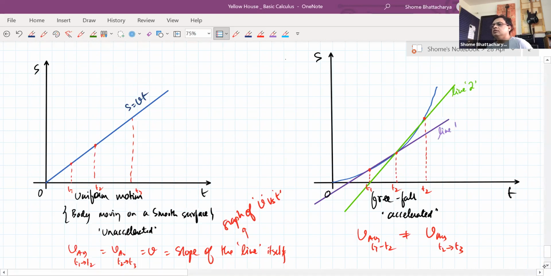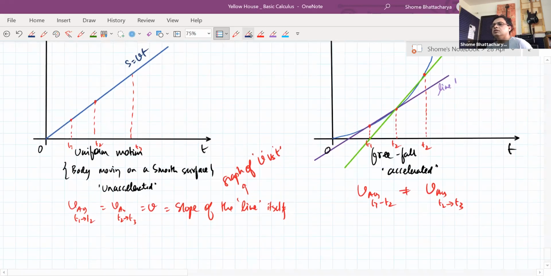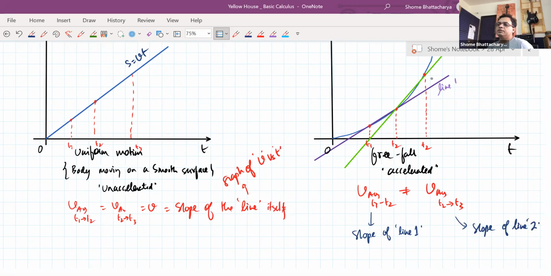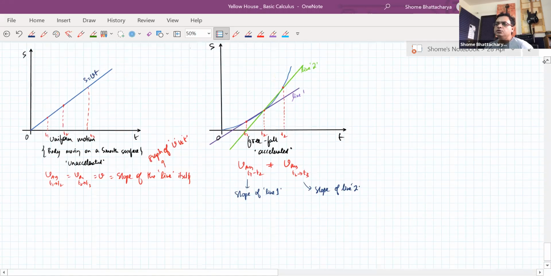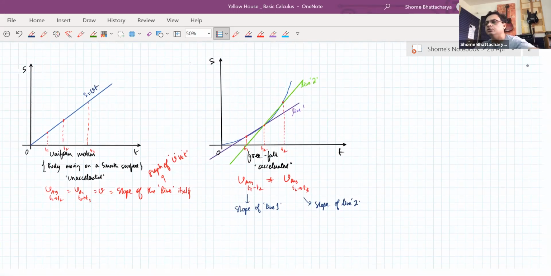You can see that they are different secant lines. This is the slope of line 1. So straight away we can see that in the case of an accelerated motion, the average speed itself changes from interval to interval. Whereas in the case of uniform speed, the average speed remains the same, whatever interval we take, and that is equal to the uniform speed itself with which it's traveling, the uniform instantaneous speed.